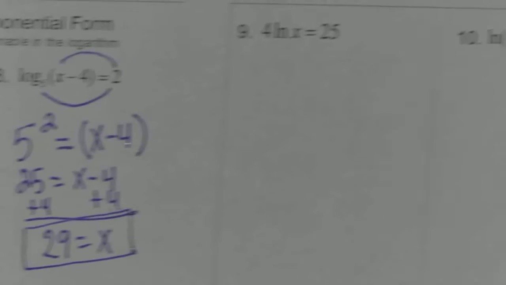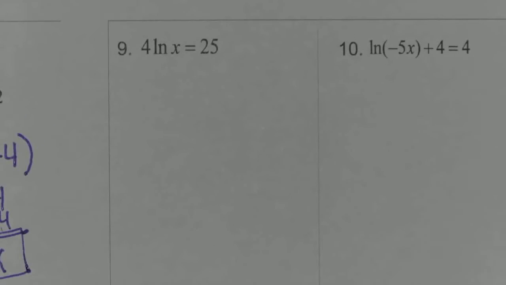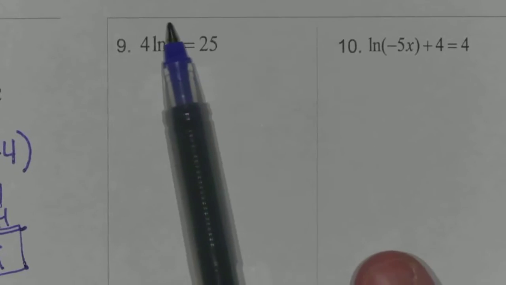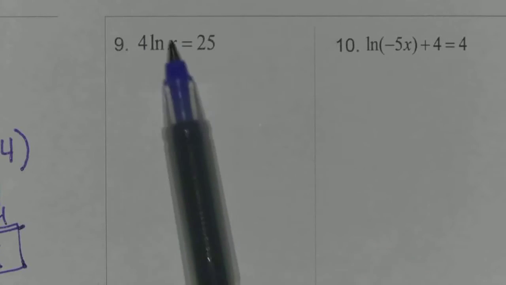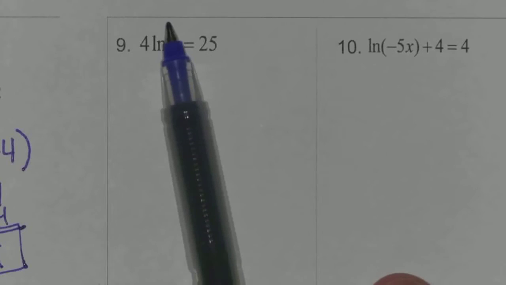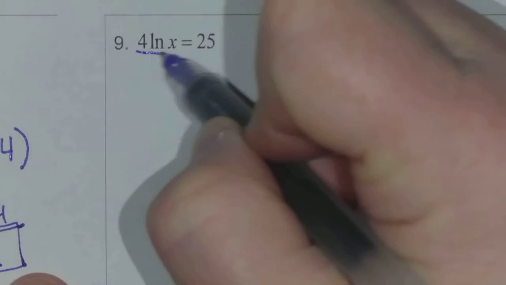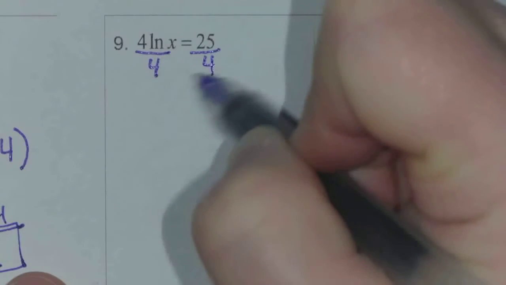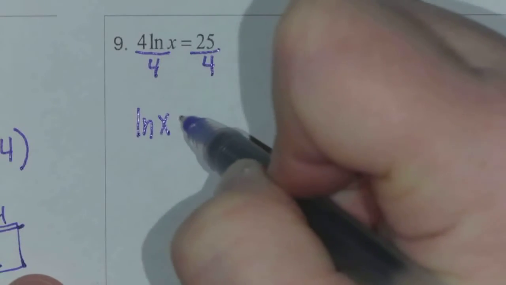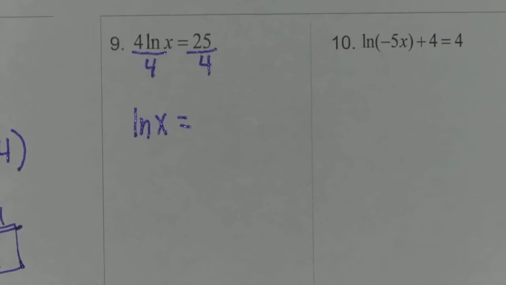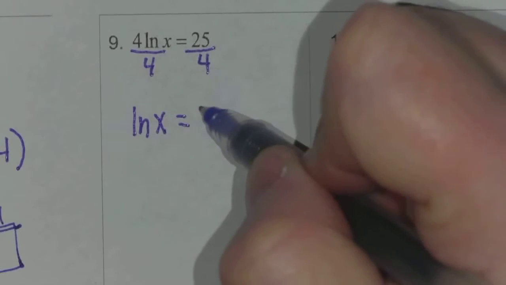Okay, over here. Same thing, but still before I can write the power, I got to have it isolated. So I can't have that 4 by the ln of x. So what do I got to do first? Divide by 4. So I get the ln of x equals 6.25.